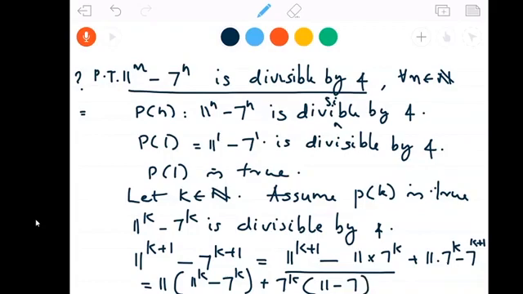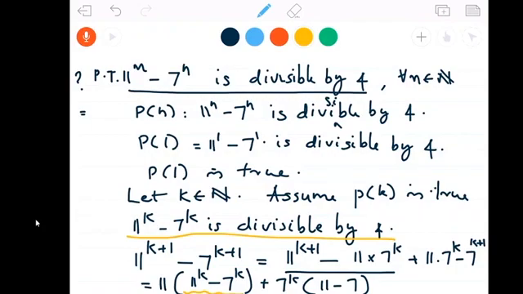Now the first term 11 times 11 raised to k minus 7 raised to k, is it divisible by 4? We have assumed here that 11 raised to k minus 7 raised to k is divisible by 4. So this part is divisible by 4. So if something is divisible by 4, if you multiply it with another integer, it is still divisible by 4.